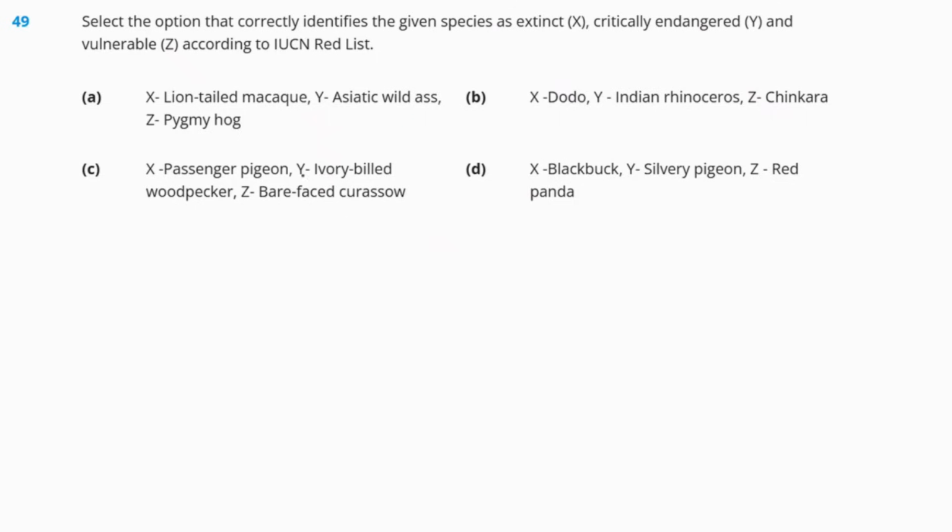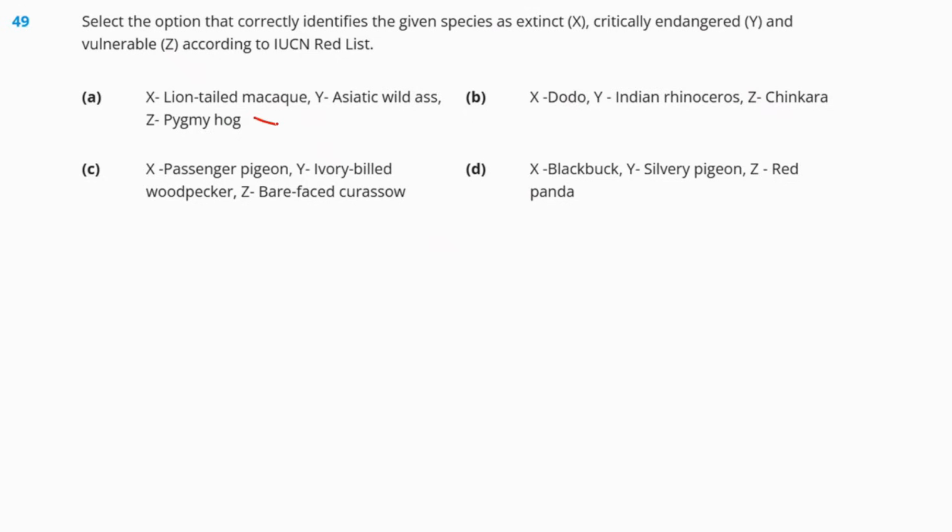First option is lion-tailed macaque. It is endangered. It is not extinct. We can still see that. Asiatic wild ass, it is near threatened. And this pigeon hawk, this is critically endangered.